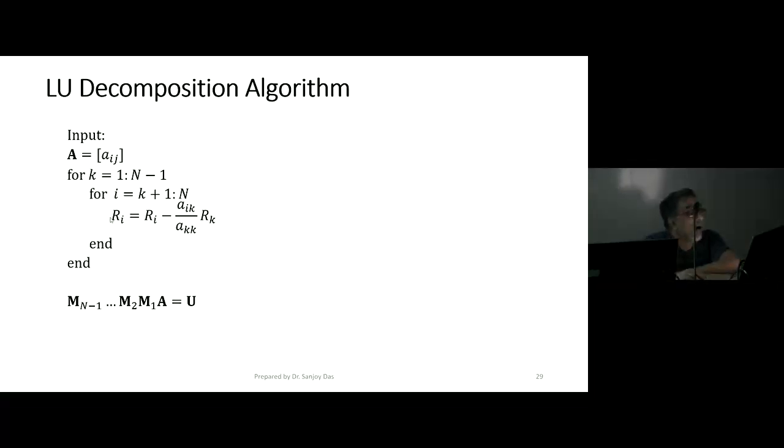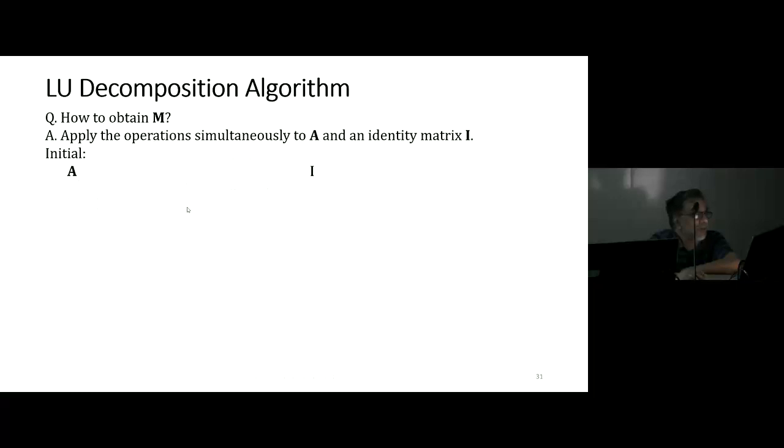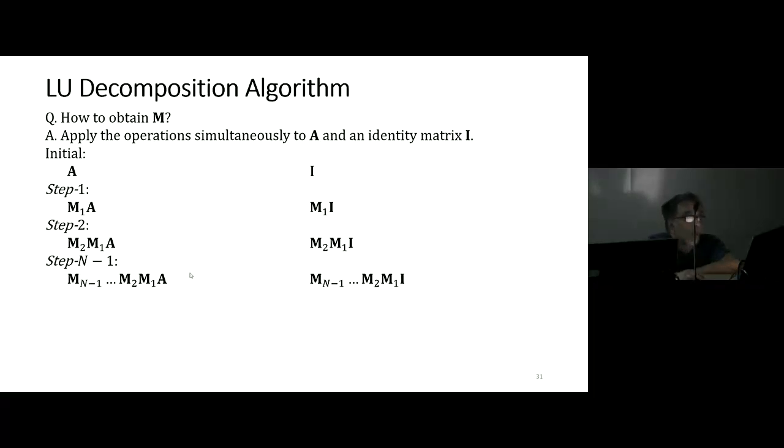I implement this operation for A, and then using the same ratio, I do exactly the same operation on the other matrix, which I start off as an identity matrix. This is what we equivalently do, and this is how we get the matrix M, and we invert it to get the matrix L, the lower triangular matrix, such that A equals LU.